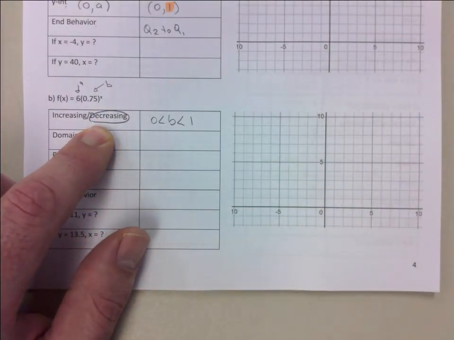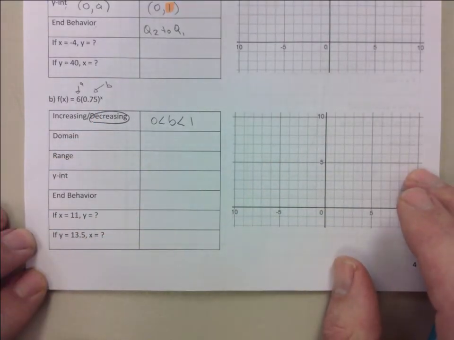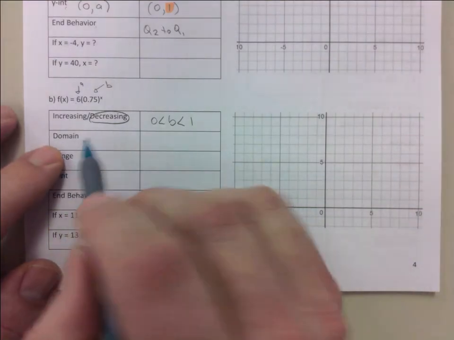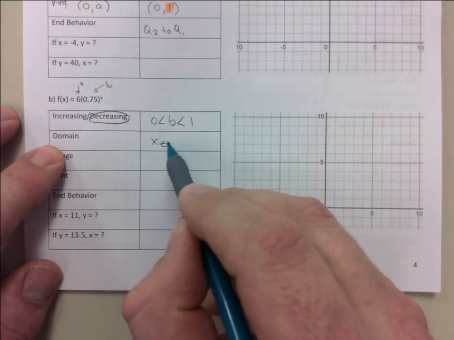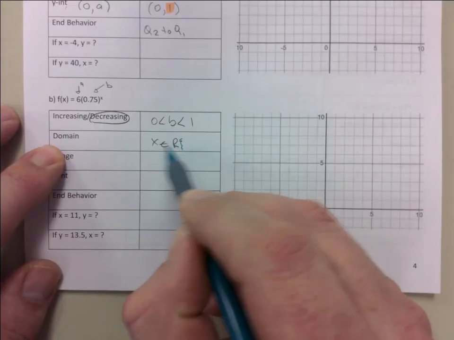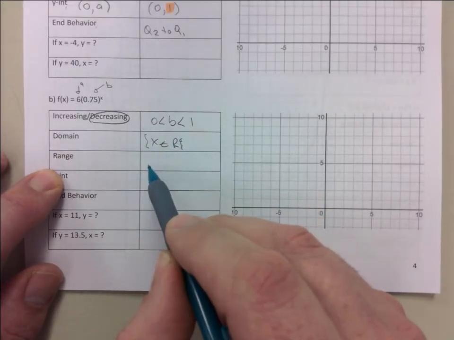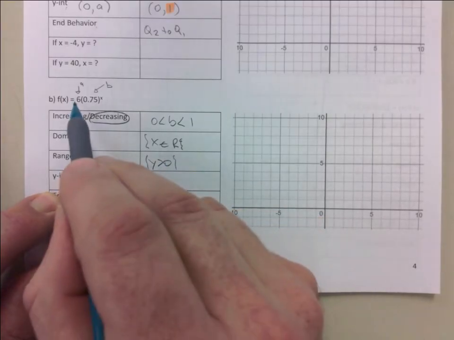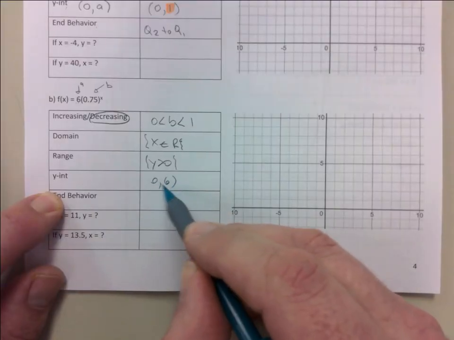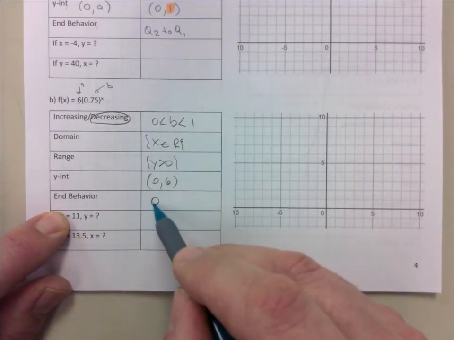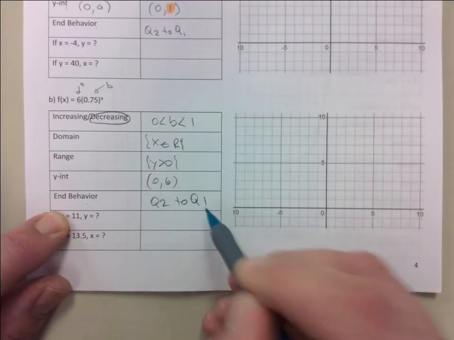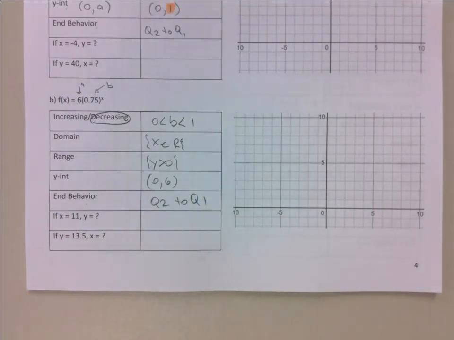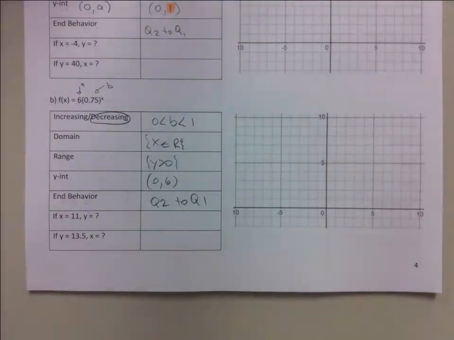Anything between 0 and 1, you're not growing. Domain, it's all real numbers. Range greater than 0. Y-intercept is 0, 6. End behavior Q2 to Q1. So that makes it very easy to work with these ones.